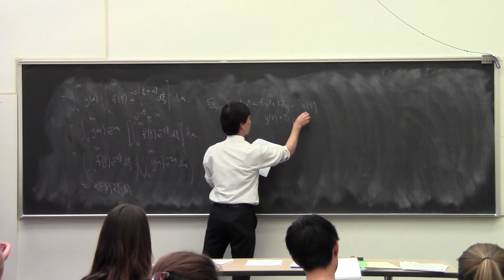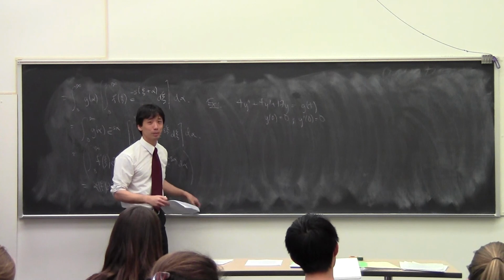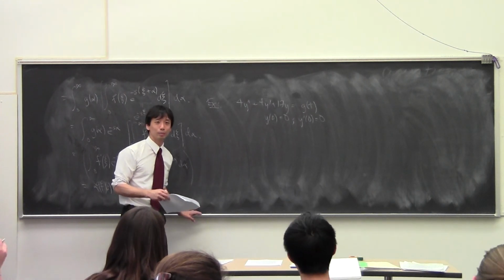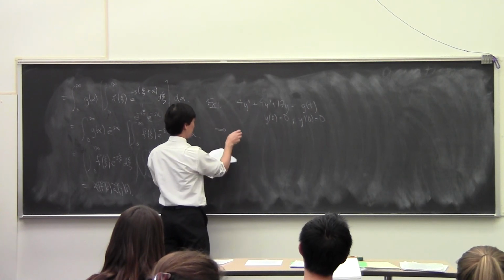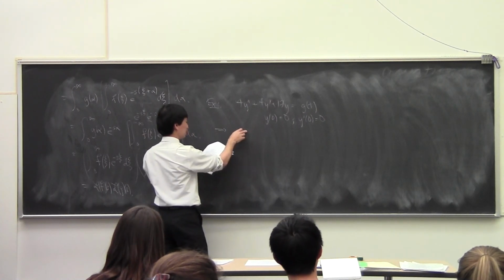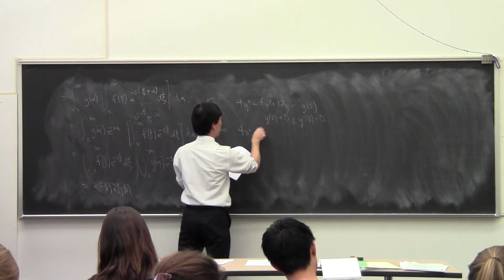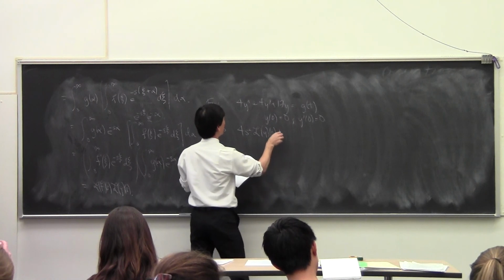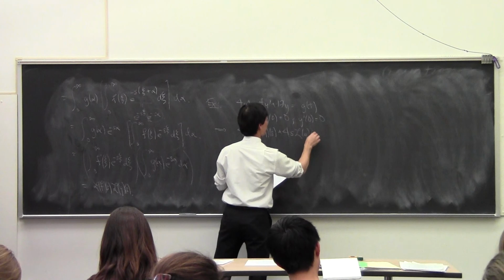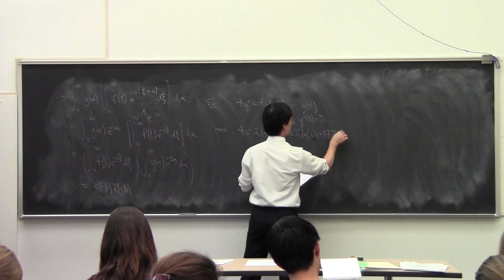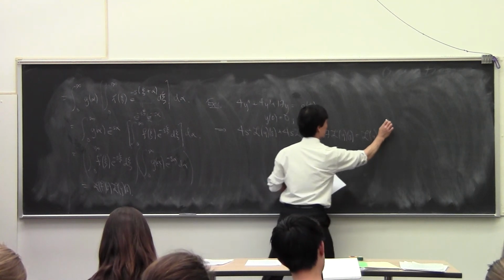And our initial value conditions are, as usual, helpfully chosen so that when we take a Laplace transform, all the constants vanish. So when you take a Laplace transform, you get 4s² times the Laplace transform of y plus 4s times the Laplace transform of y plus 17 times the Laplace transform of y equals the Laplace transform of g.